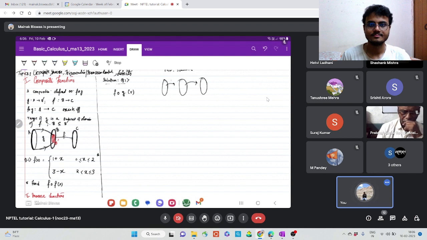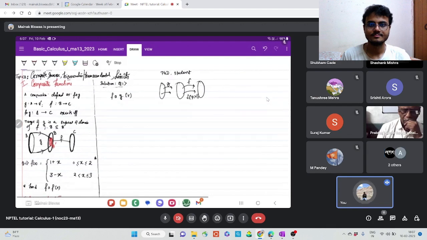Say this is your g of x, so your x will be going through the g operator, and g you can think of as a machine that outputs a number, and then that g of x output goes to f to give you an output.